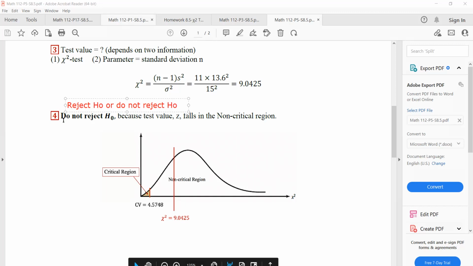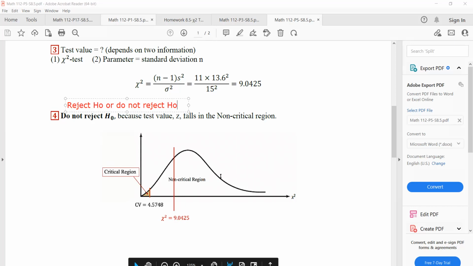Now, what happens here? Remember, your critical value was 4.5748. Your test, though, is going to the left, not to the right. So your critical region is this region in the corner. Okay, it's not this big white region. Chi-squared is 9.0425.